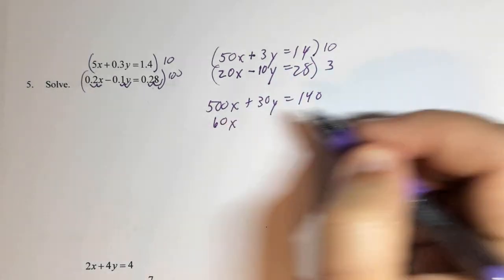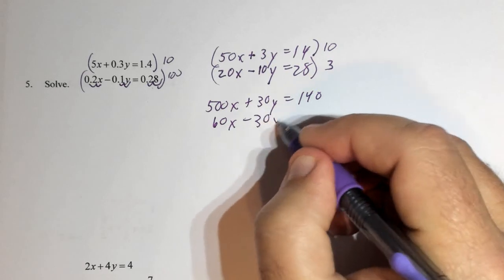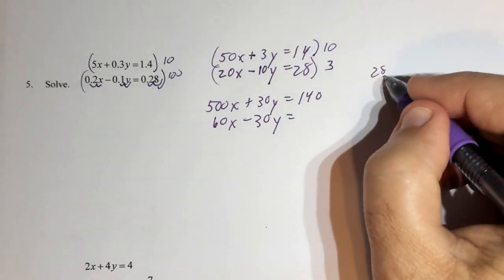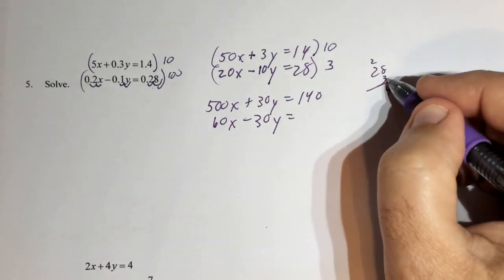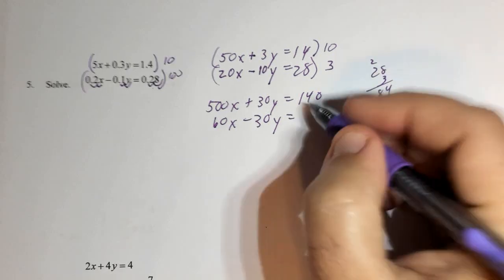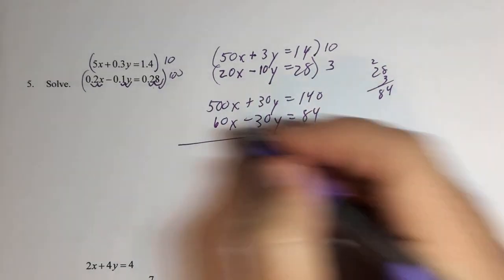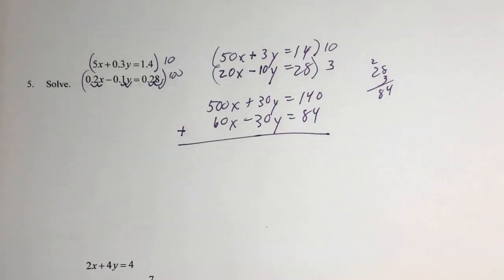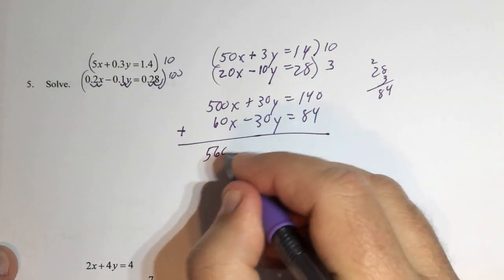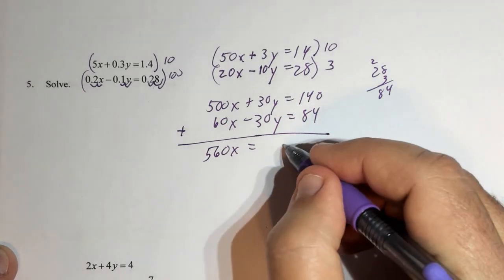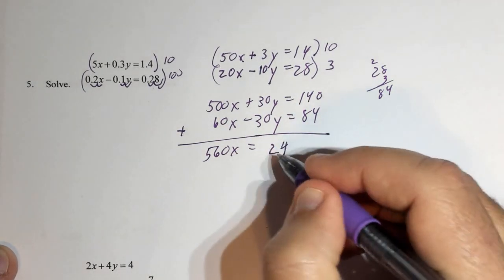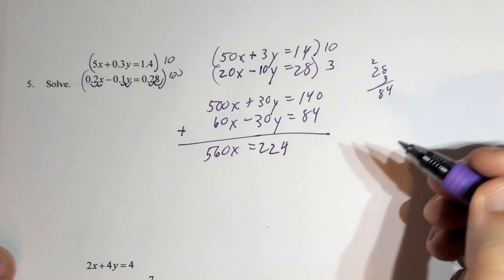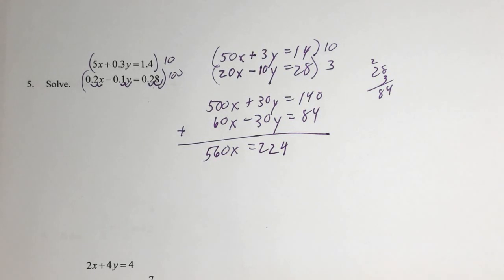This is going to be 60x minus 30y is equal to 28 times 3, which is 84. And we're going to add. And so we're going to get 560x is equal to 224.